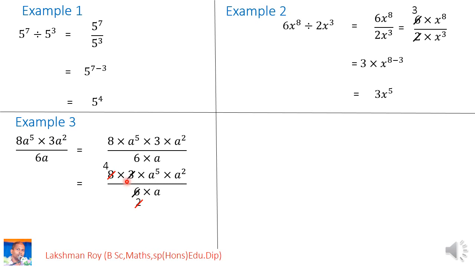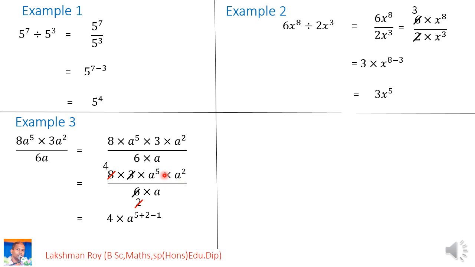So then I can simplify, right? The numbers are already simplified, then the powers should be simplified, right? The number is 4, right? Then these all are the same base, a, a, right? Here multiplication means product of powers.